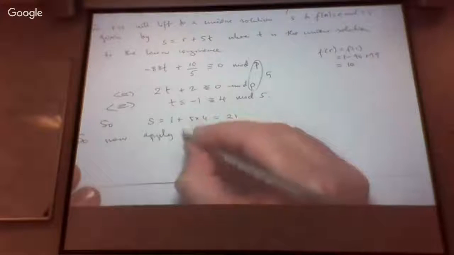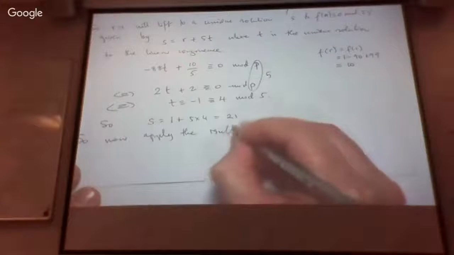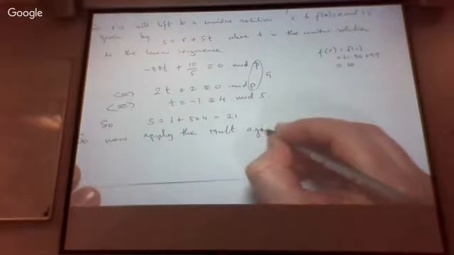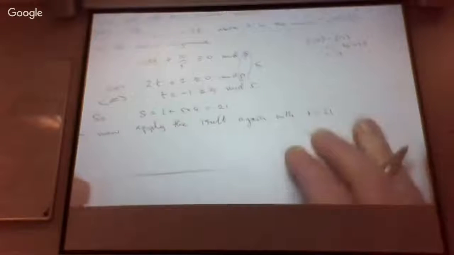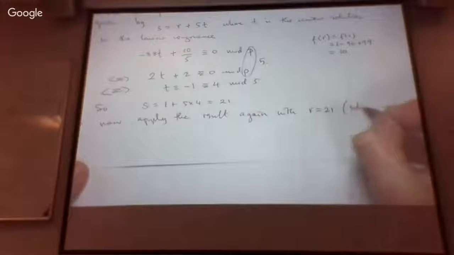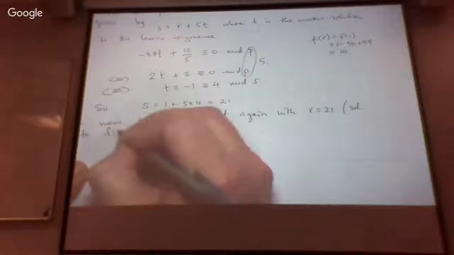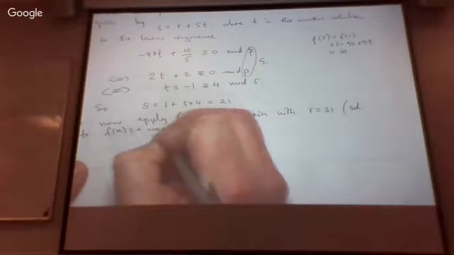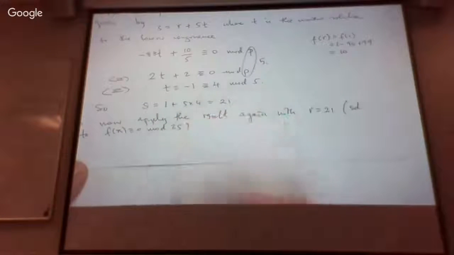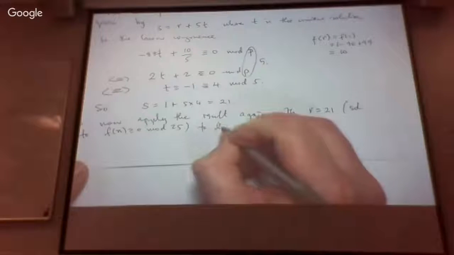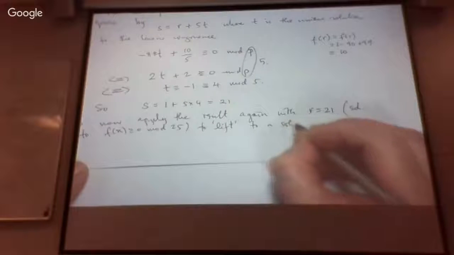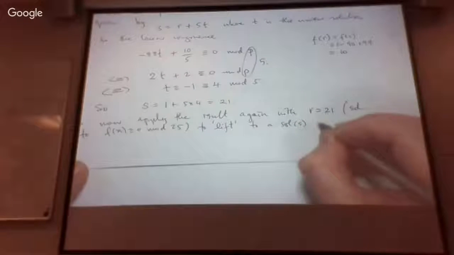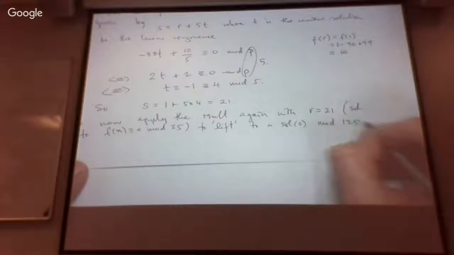So now apply the result again with r equals 21. This is a solution to f of x congruent to 0 modulo 25, to lift to a solution or solutions modulo 125.